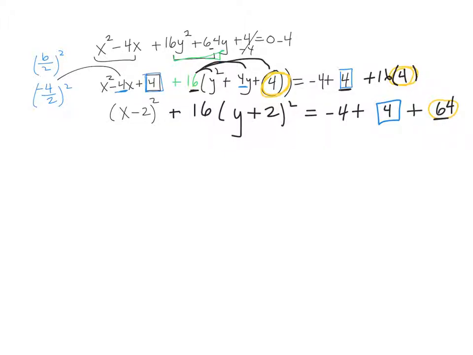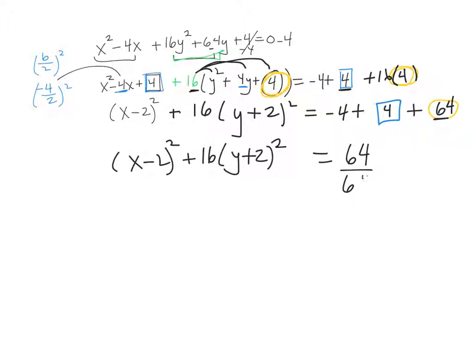Now I can simplify the right-hand side and get 64. So I have x minus 2 squared plus 16 times y plus 2 quantity squared. Now to make this look like an ellipse equation, I need the right-hand side to be 1, which I can get by dividing everything by 64.